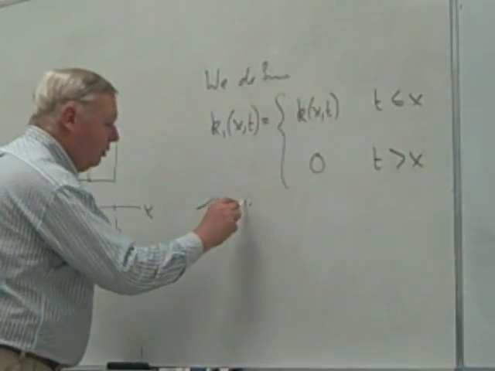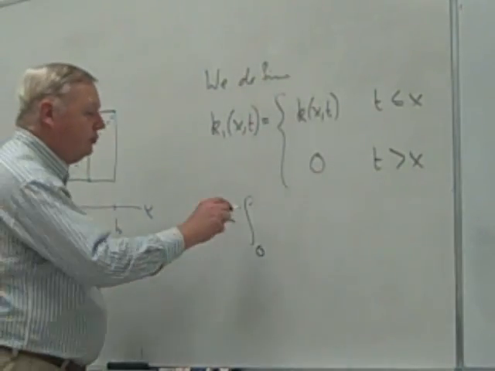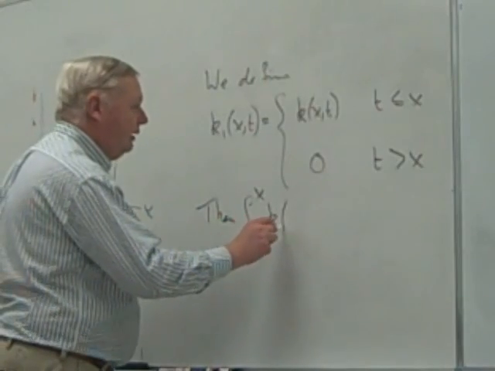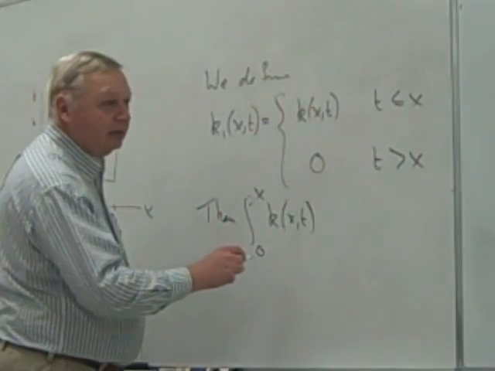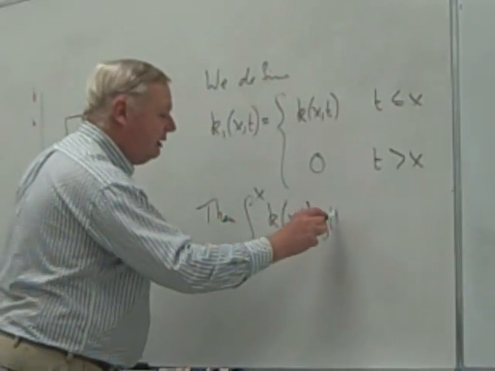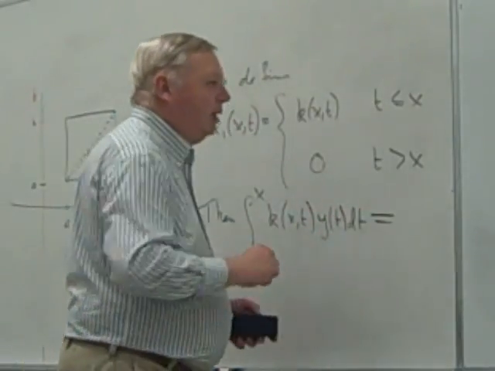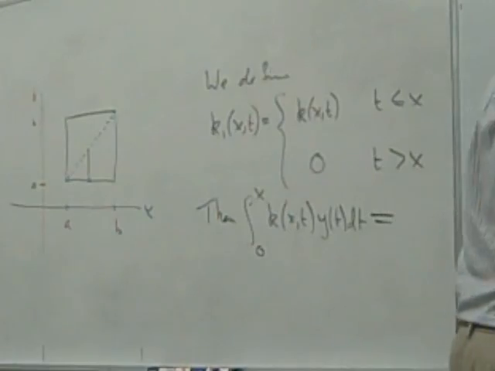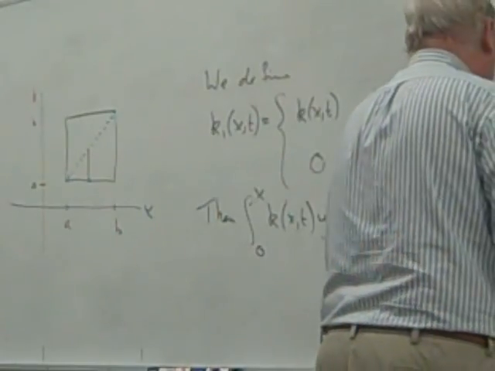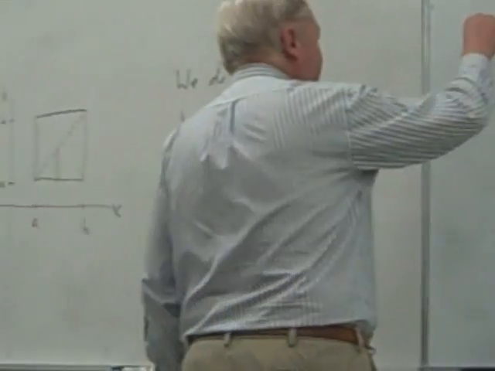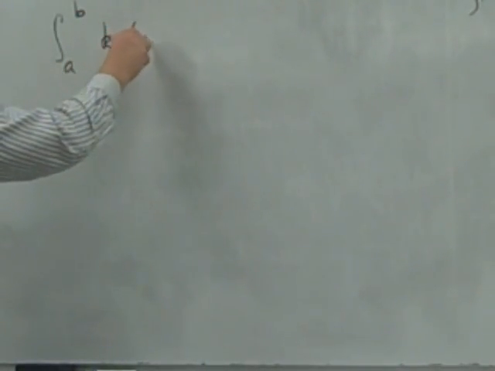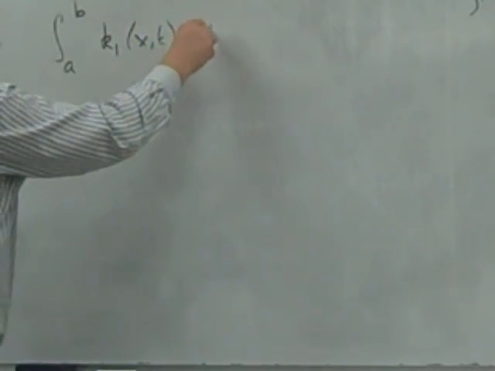And then the integral from a to x, k of x,t y of t dt, is equal to the integral a to b of k1 of x,t y of t dt.